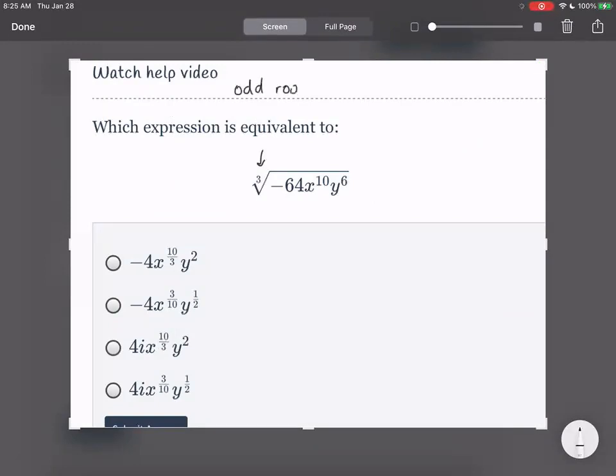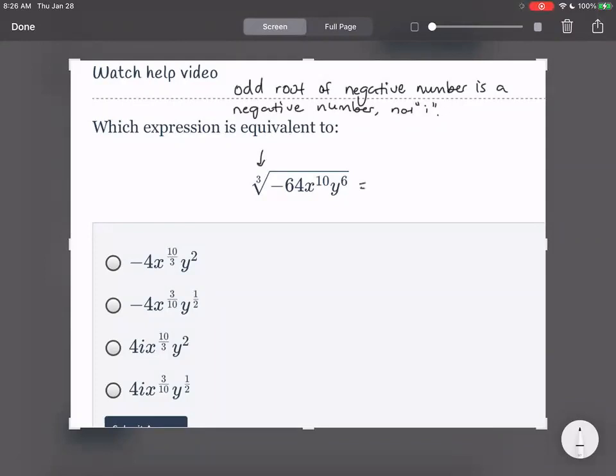An odd root of a negative number is a negative number, not i. Okay, so I just wrote that on the top just in case it helps anybody remember. Okay, so we have the cubic root of negative 64 x to the 10 y to the 6.